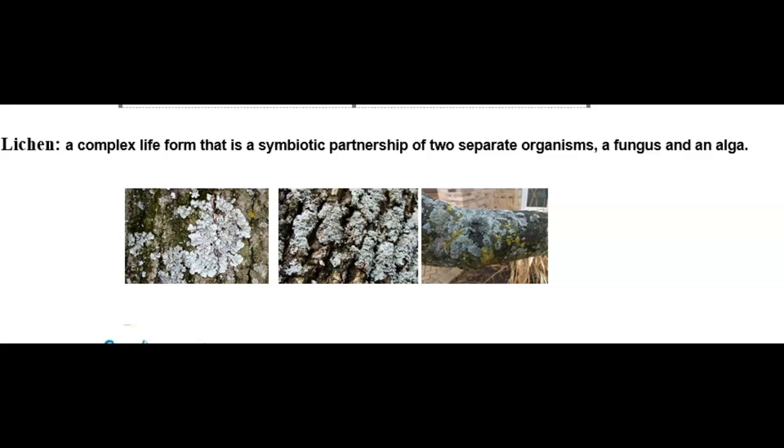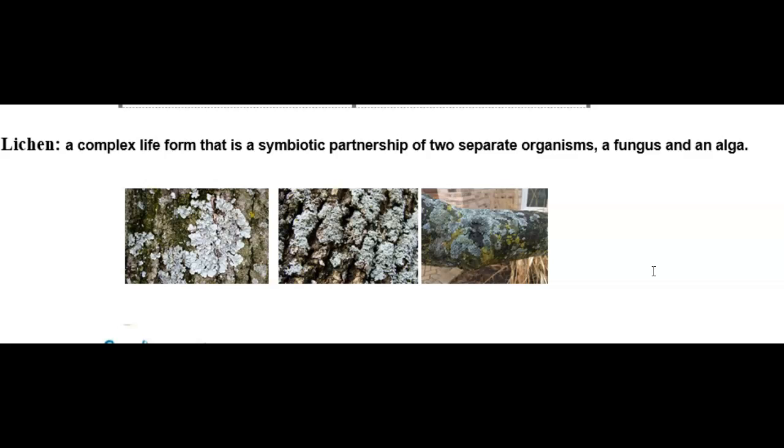Before you can really understand the example, you need to know what lichen is. That C sounds like a K. You probably have seen lichen even if you don't know what it is. It's a complex life form. It's a symbiosis, a partnership of two separate organisms, a fungus and an algae. You see it probably on bark, some kind of yellowish, whitish.